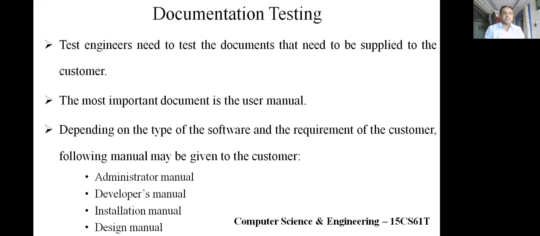Every product is given a manual: how to use that particular equipment, information about the product and how to use it. We call that a user manual. That has to be tested. Depending on the type of the software and the requirement of the customer, the following manuals may be given to the customer. So it depends on the software.